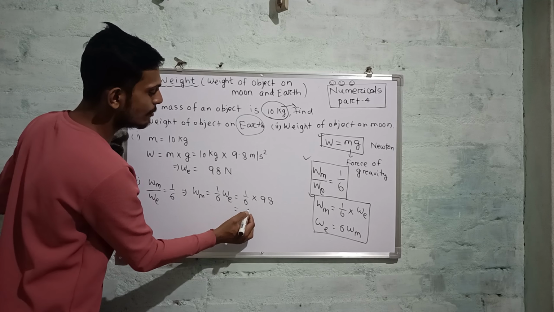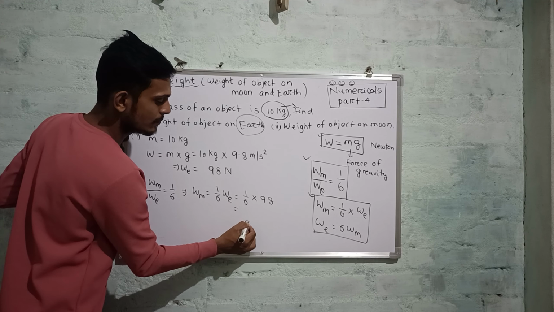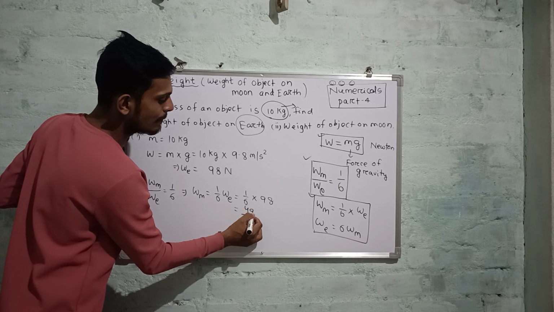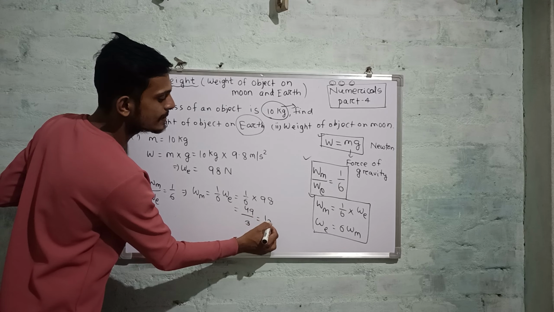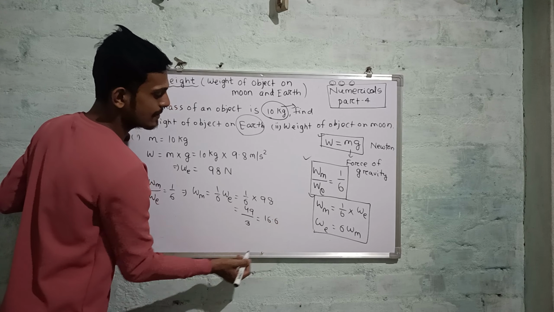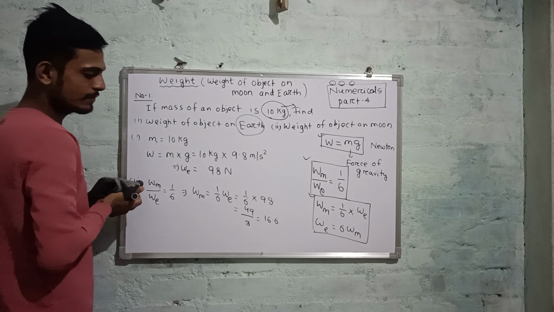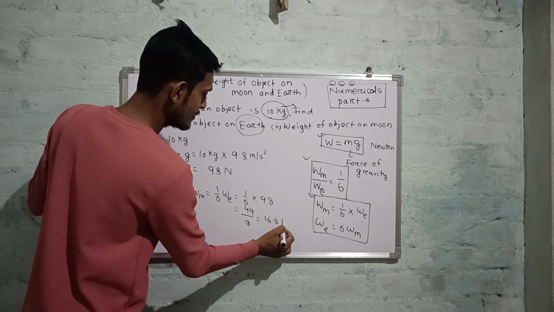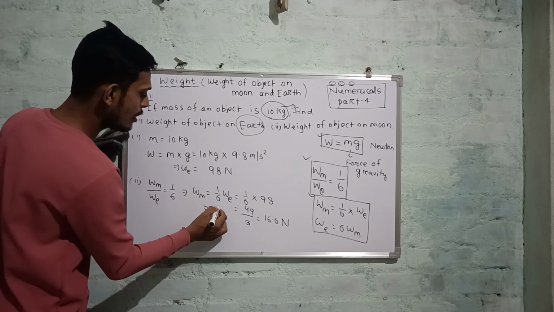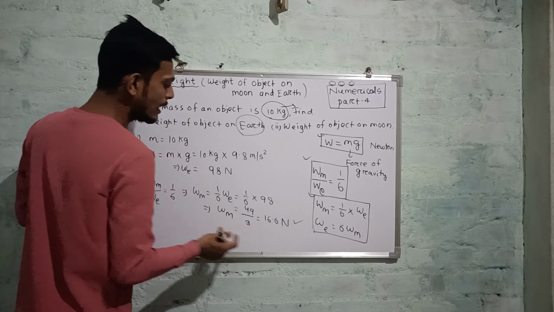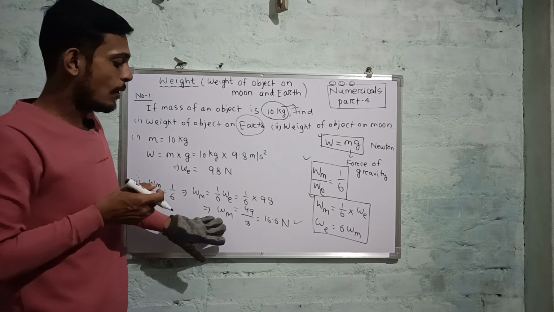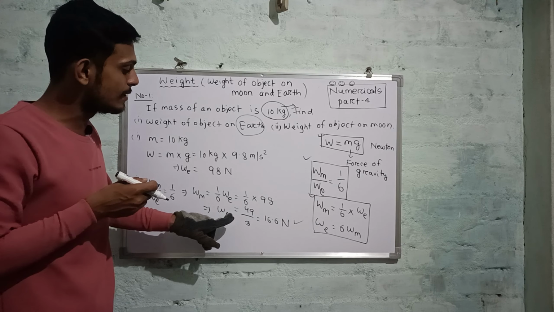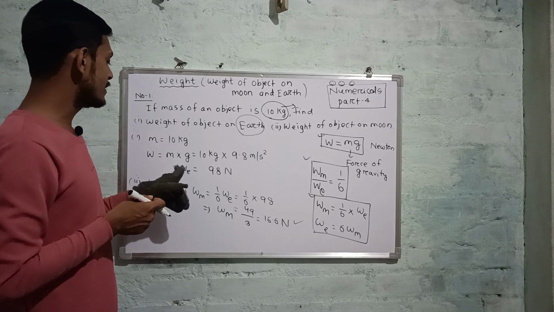It can be cancelled out to 49/3, that is 16.6 Newton. This is not the weight of the Moon, but the weight of the object on the Moon surface, denoted as Wm, and that is We.